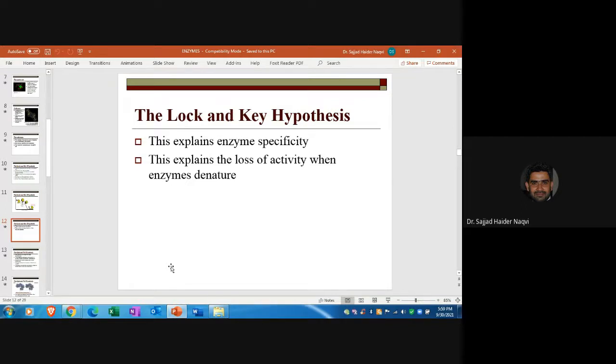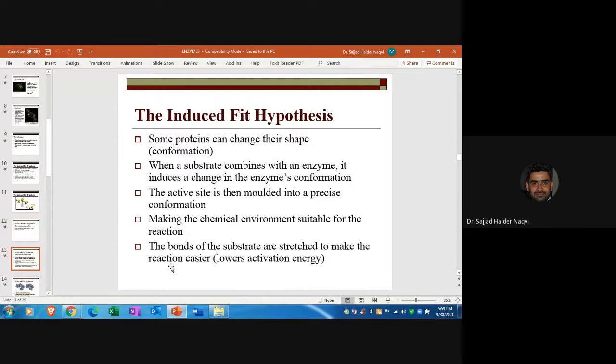Specifically, when you heat the protein up to a high temperature, the structure is distorted, and we call it a denatured protein. So once the enzymes, which are also protein, get denatured, definitely their activity of binding with the substrate is also lost, and that's how they are no more capable of catalyzing the reactions.